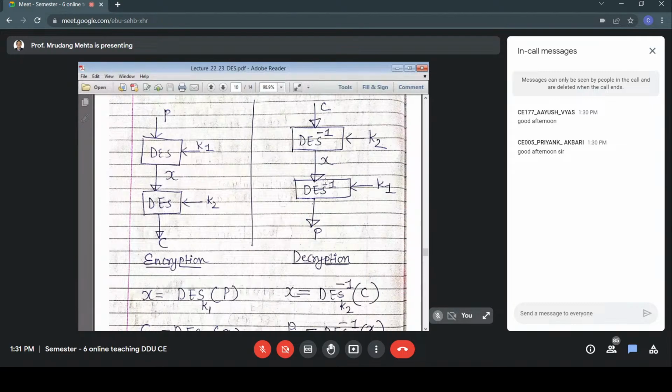So again, DES inverse goes through with key K1 and it produces P, right? So you can see that this X remains the same in the middle part, right?